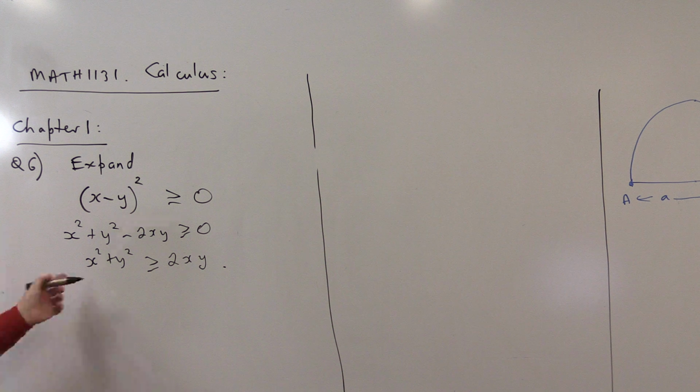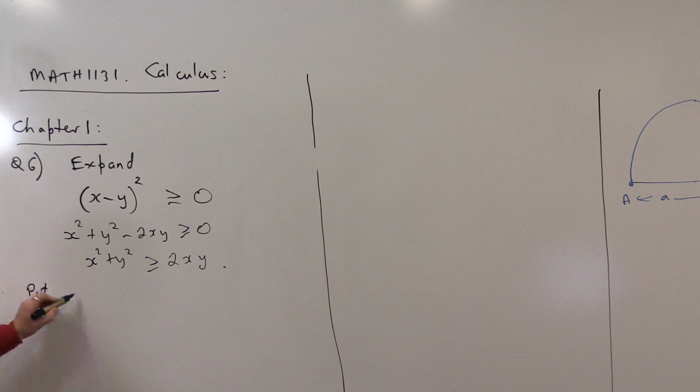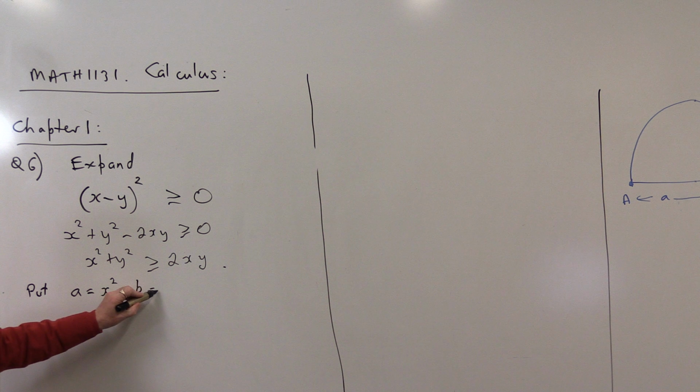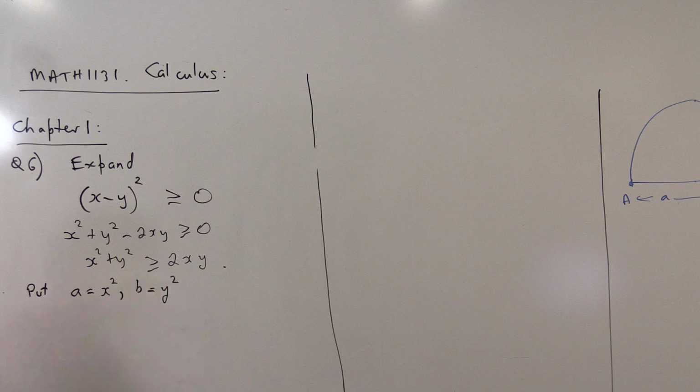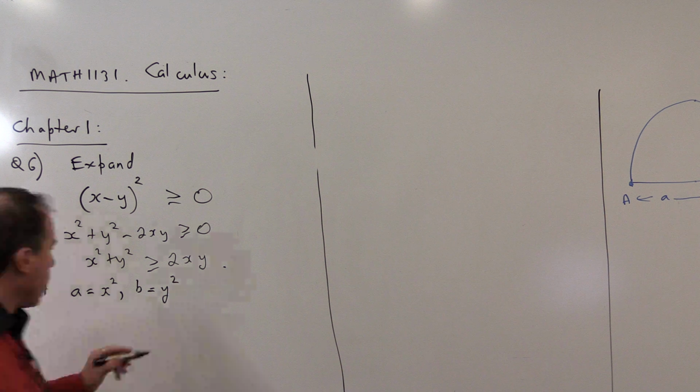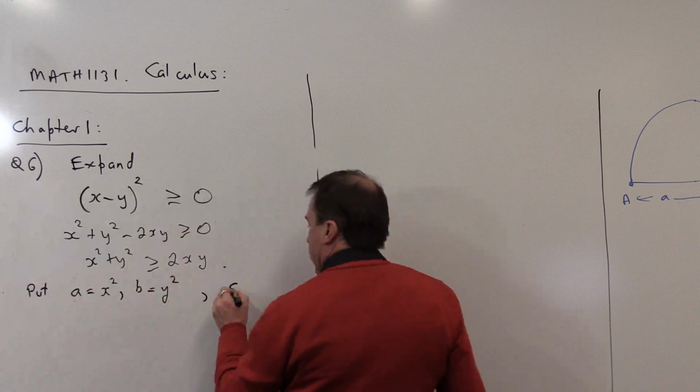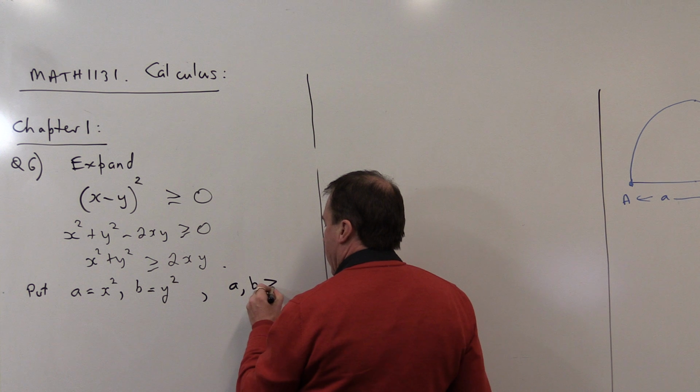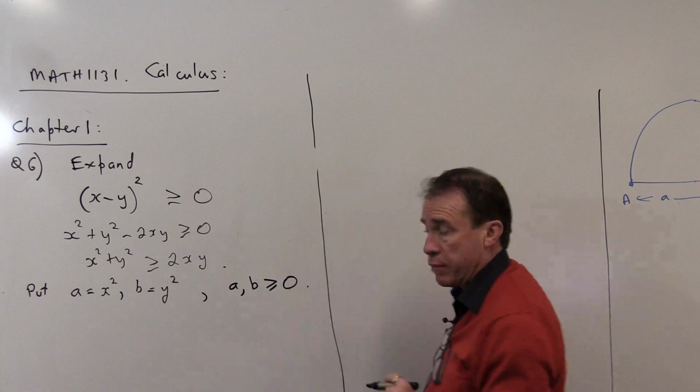Now in particular, from this, I'm going to put a equal to x squared and b equal to y squared. That means that a and b are squares, and so they're both positive.